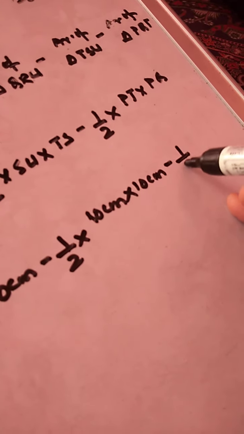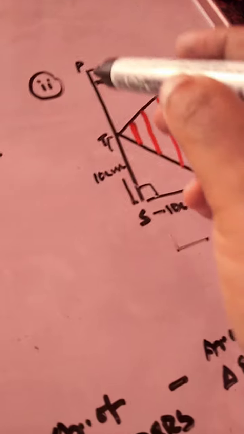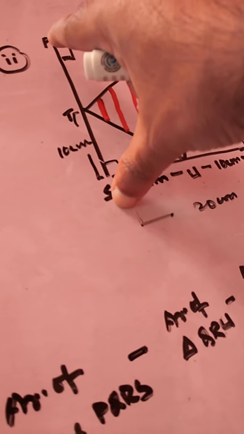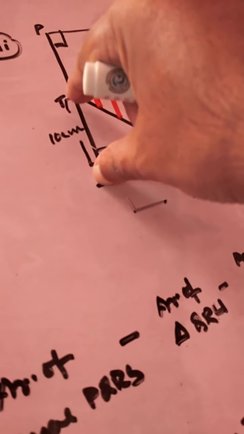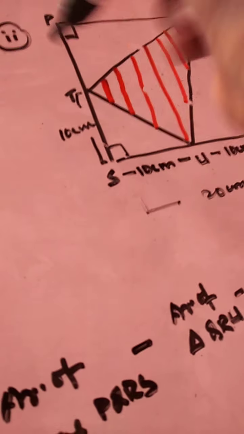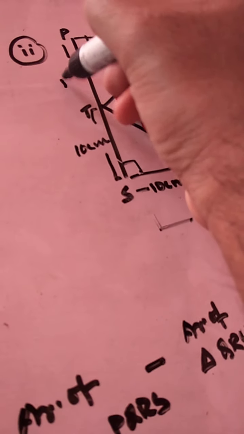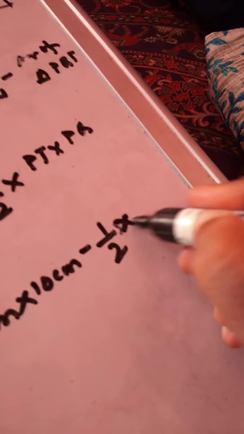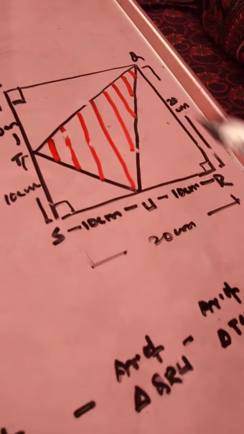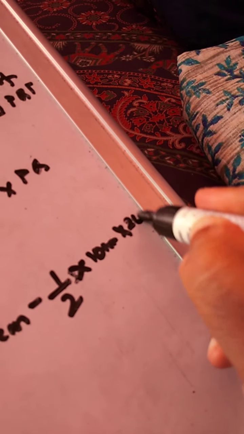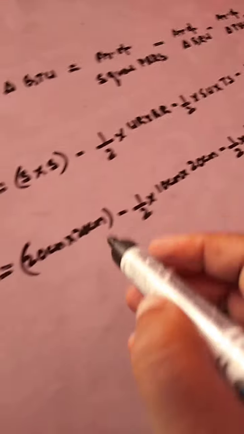Now minus half into PT. Now what is PT? If this whole side is 20 and this part is 10, the remaining part will be 10 only. So PT is also 10 centimeter, isn't it? And what is PQ? If each side of the square is 20 centimeter, PQ would also be 20 centimeter, isn't it?